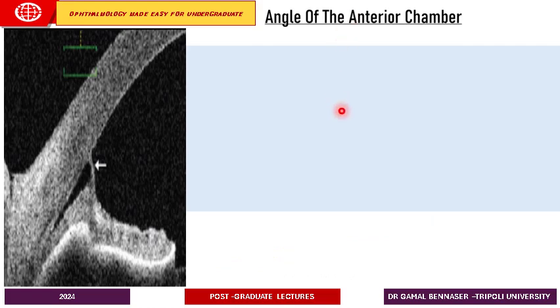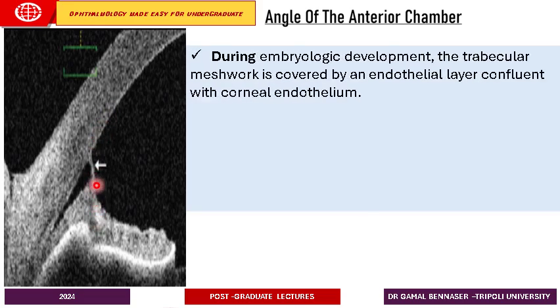An important point that I would like to emphasize before I leave this part is that normally the corneal endothelium during gestational life is confluent with the trabecular epithelium, so that it forms a membrane that covers the angle of the anterior chamber. Normally, this membrane will retract and disintegrate before delivery, and this makes the angle open and function properly.